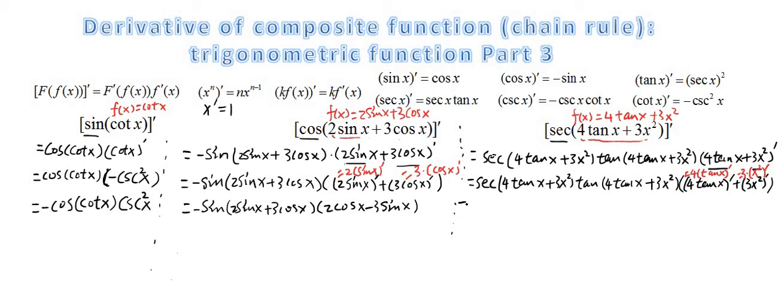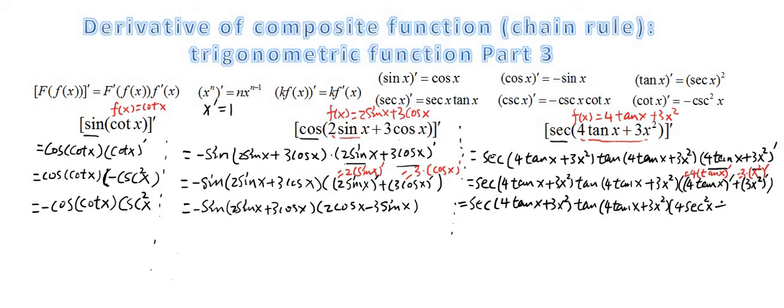Now we can continue. Secant of 4 tangent x plus 3x squared times tangent of 4 tangent x plus 3x squared, and we have 4 times the derivative of tangent x, which is secant x squared.